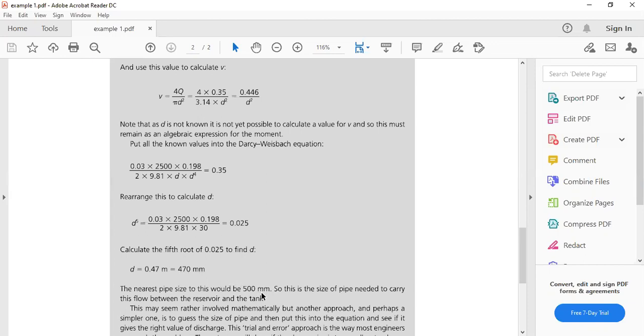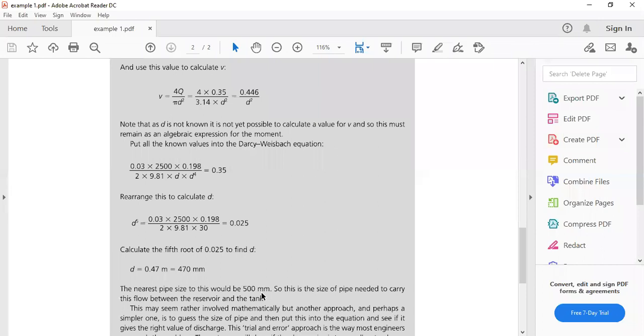So that's the pipe that you would use now to deliver water to your farm or to those houses at that discharge rate. So it's similar. If you are supplying water to your farm, you know that the amount of water that you need is this amount, which is basically the discharge.